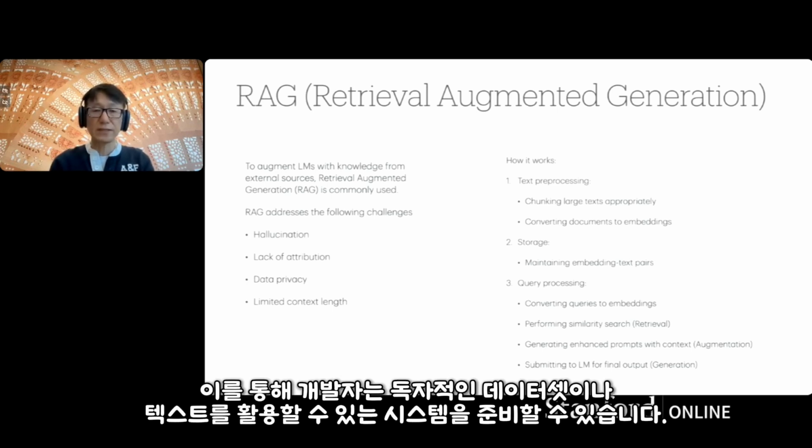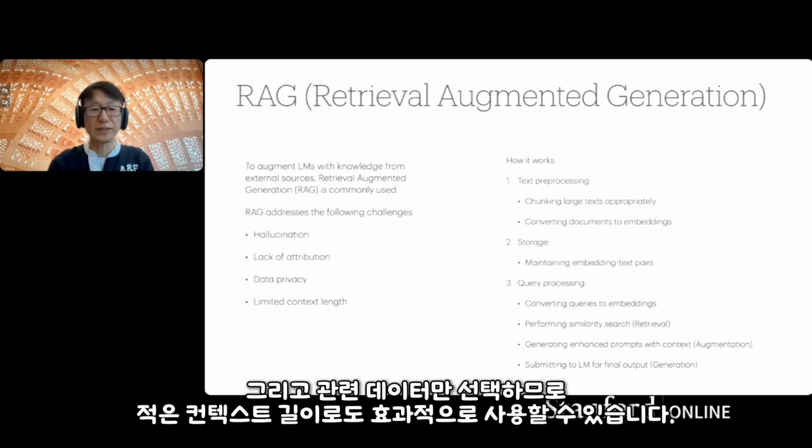This will allow you, as an application developer or a system developer, to prepare systems so that you could use your own proprietary data set or text, and make good use of a small context length because it only selects the relevant data.